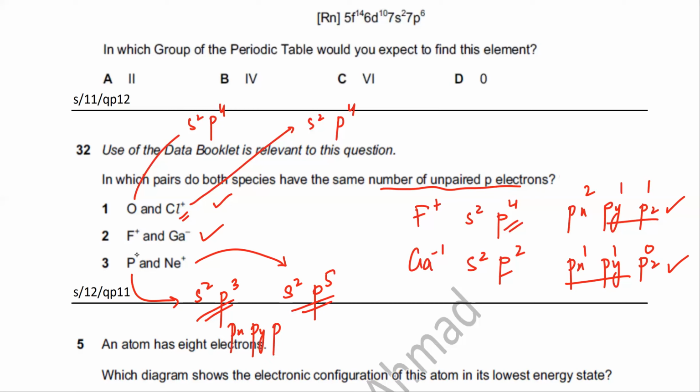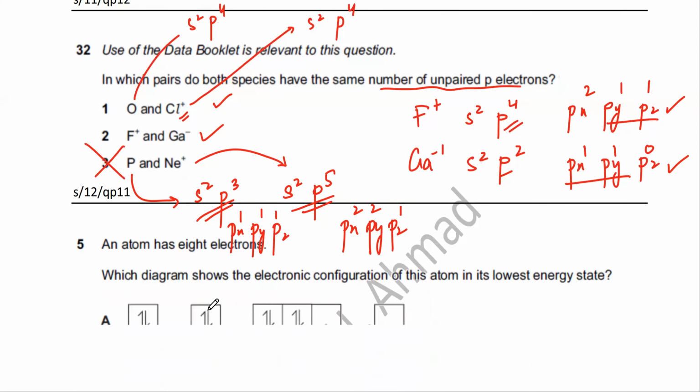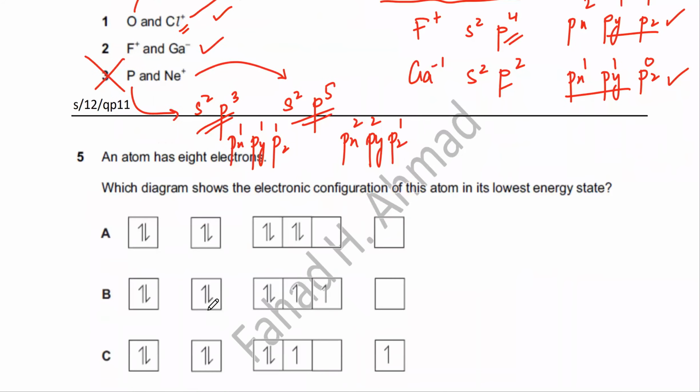P3 means all of them would be unpaired. P5 means only one of them would be unpaired. The rest would be full. So this one is definitely wrong. Number 3 is definitely incorrect.